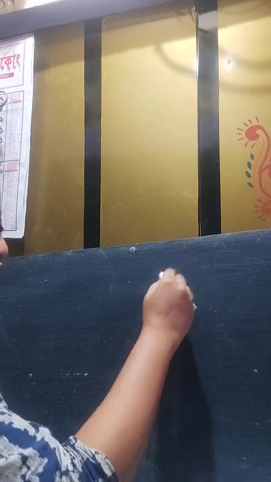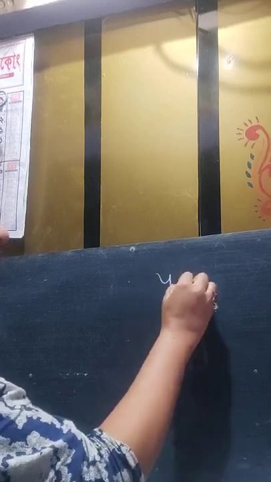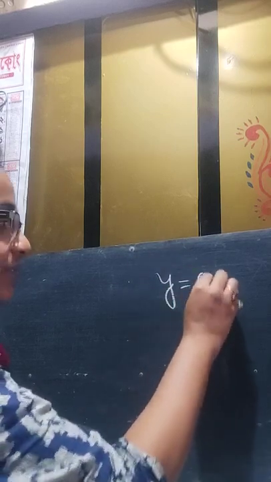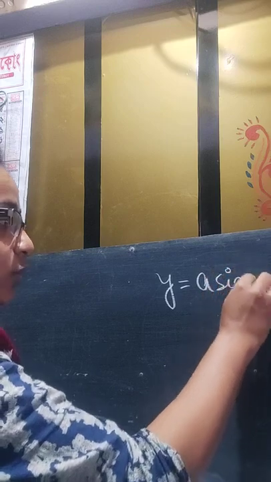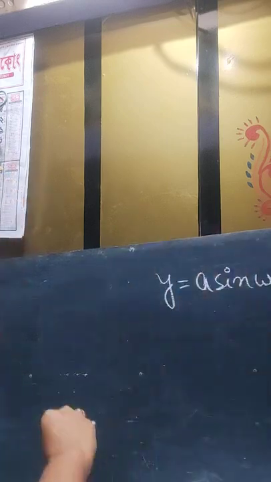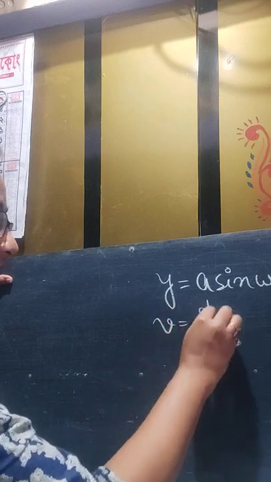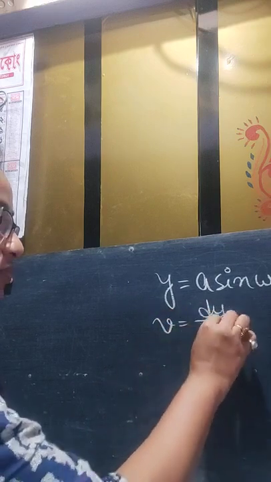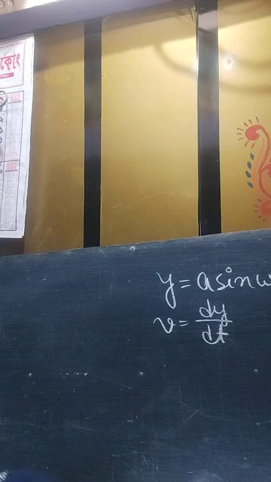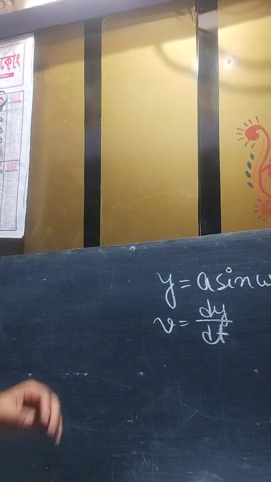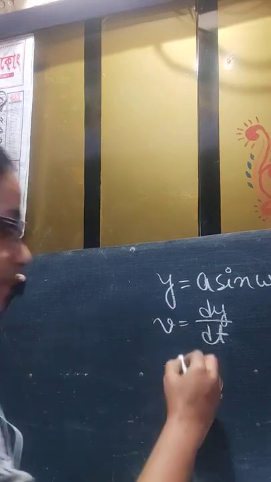For the projection, the displacement y is given as a sin omega t, right? So, what will be the velocity? V is nothing but dy/dt. Already we know it from 1D motion, right? The differential form of velocity.